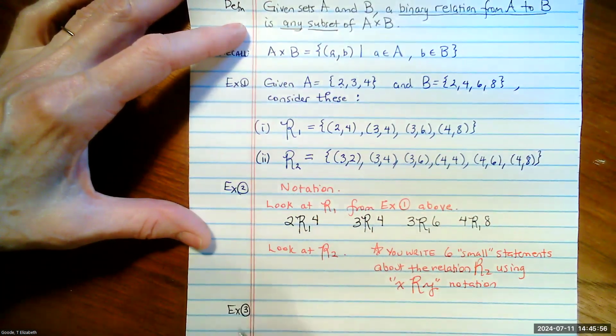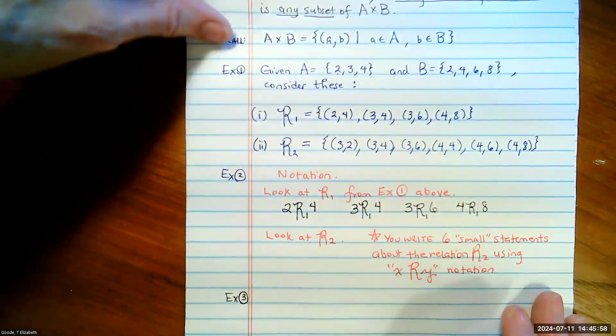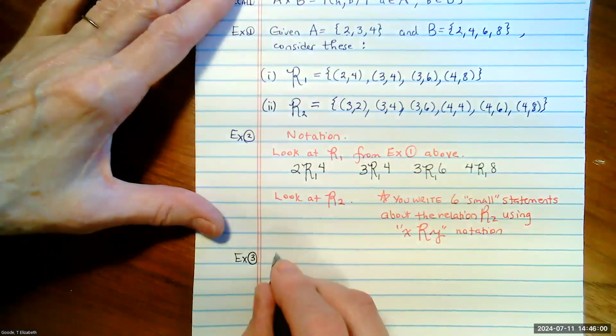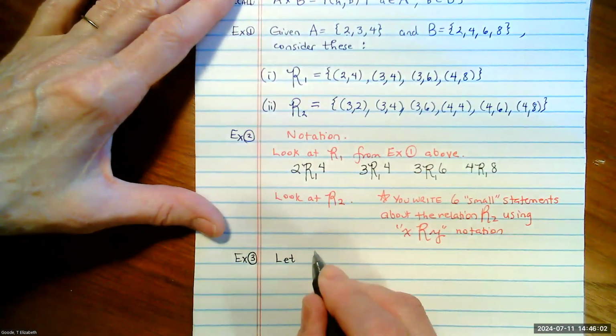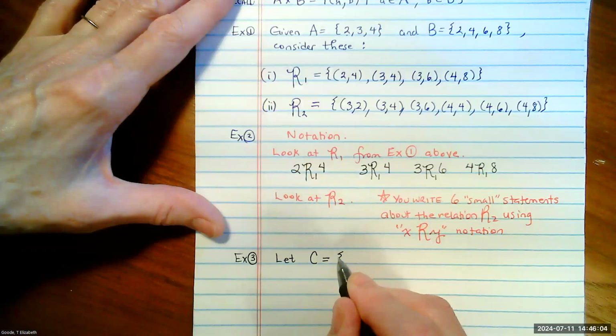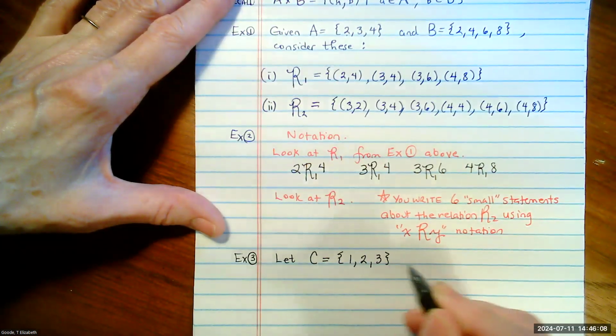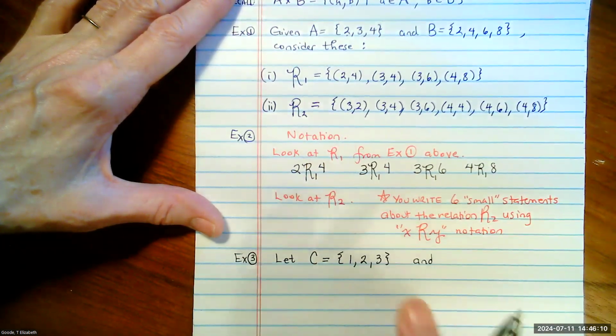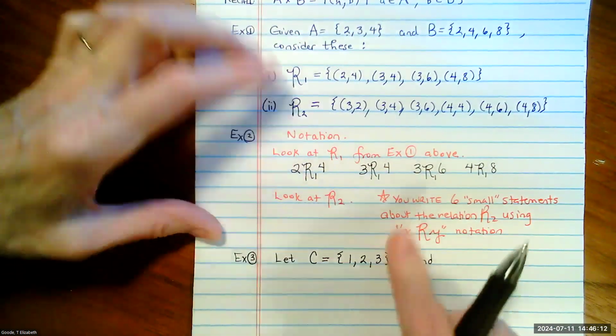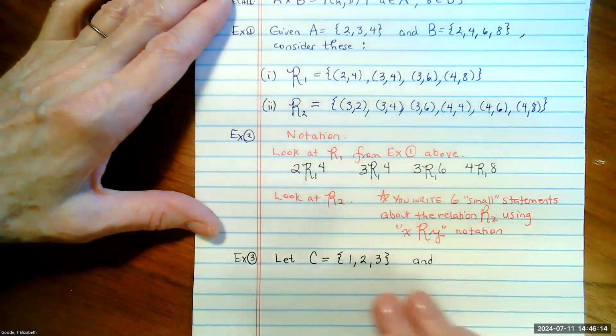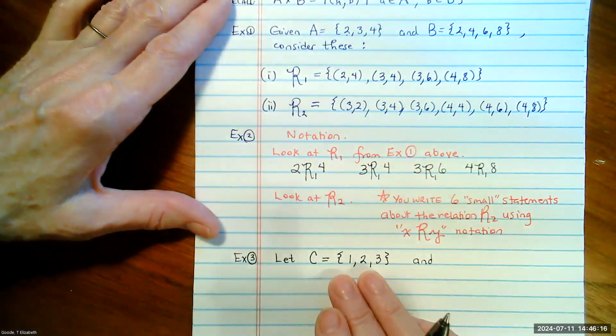Example 3. Here, I'd like to say we're going to let C be the elements 1, 2, and 3. By the way, this is another example with numerical elements, but the elements of these sets don't have to be numbers.